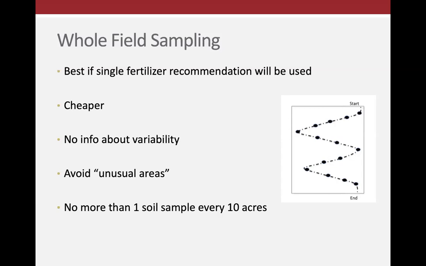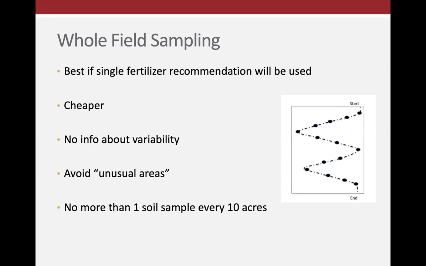A key feature here is that when we say a soil sample, we're not talking about taking just a single slice from one actual spot in the field. We're always talking about taking multiple cores or multiple spades, mixing them and forming what we call a composite sample.